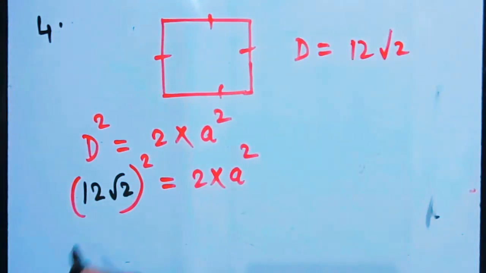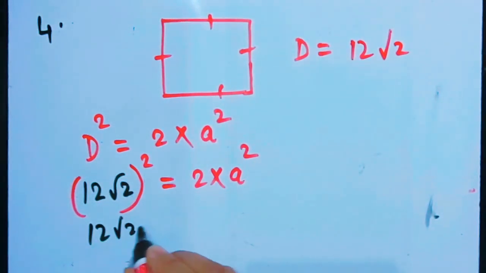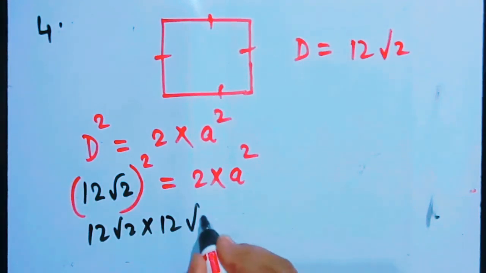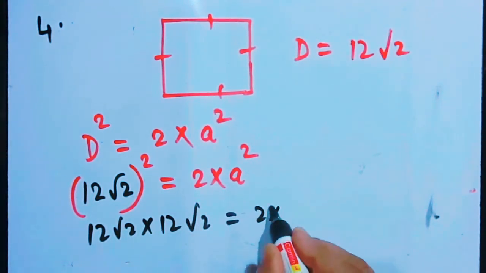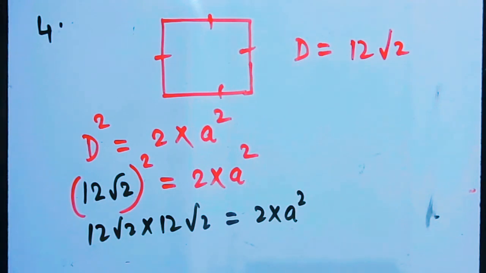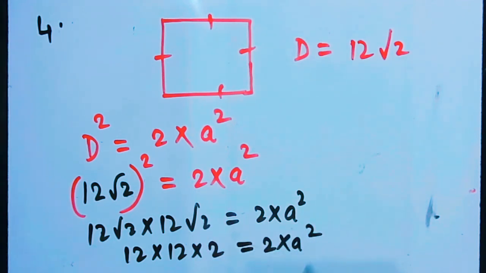So 12 root 2 times 12 root 2 will be equal to 2 into a square. 12 root 2 into 12 root 2 will give you 12 into 12 into 2, because root 2 into root 2 becomes 2, is equal to 2 into a square.